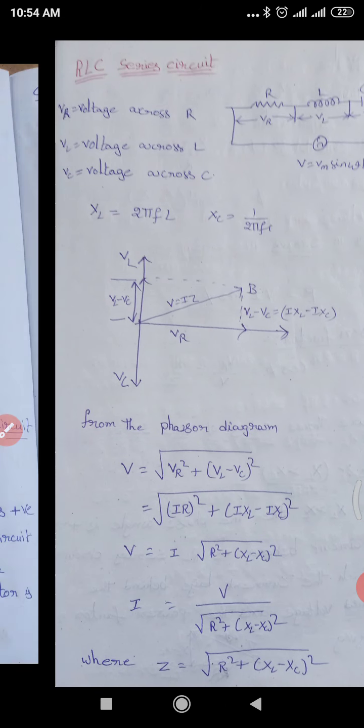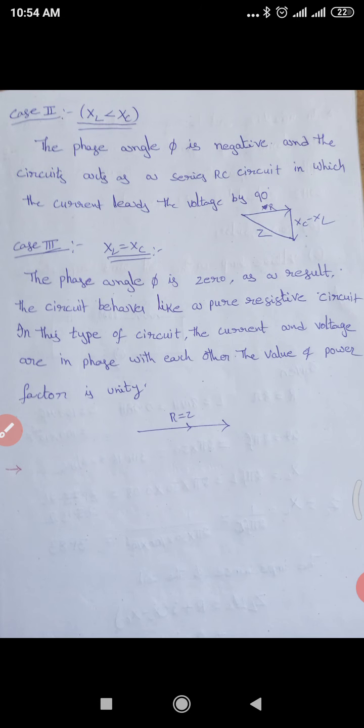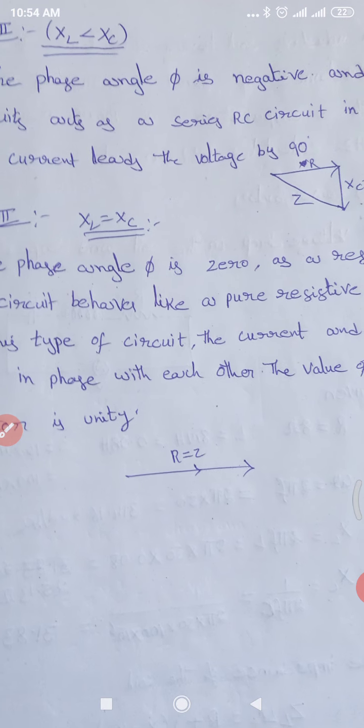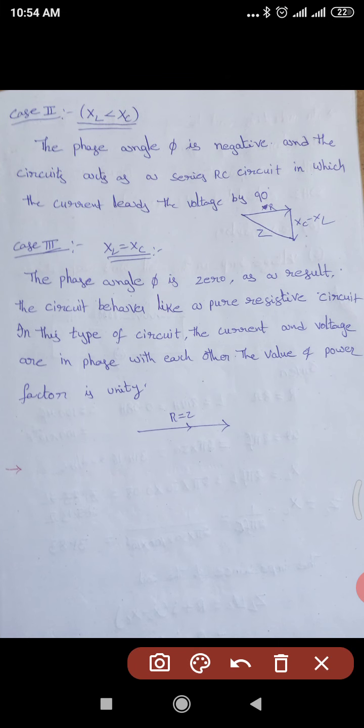Next, case 2. So what is case 2? XC is greater than XL. That means the capacitive reactance is greater than the inductive reactance. What happens if the capacitive reactance is greater than the inductive reactance?